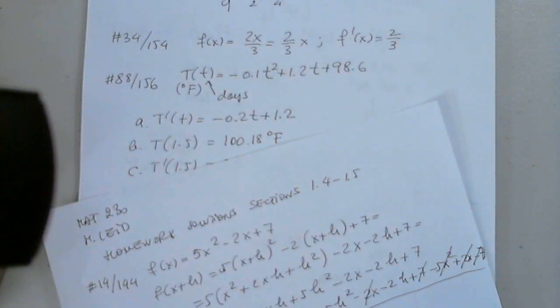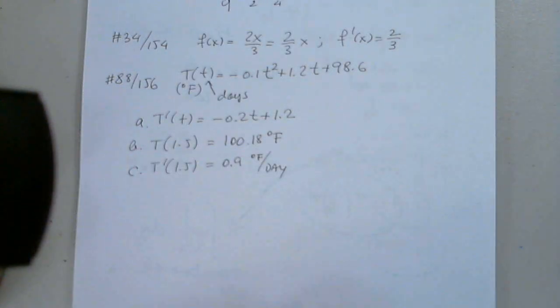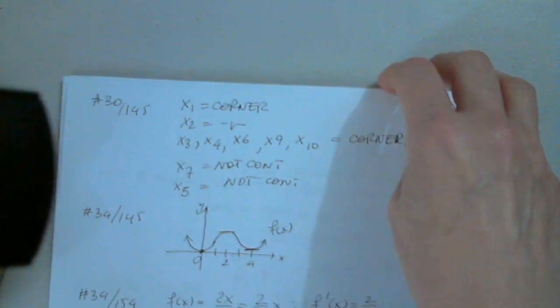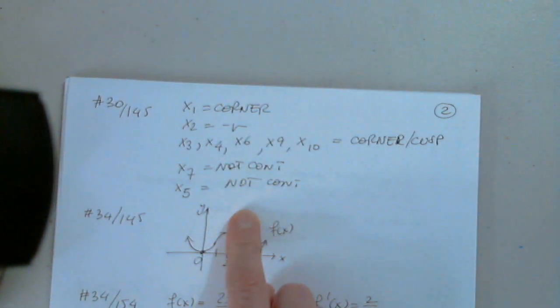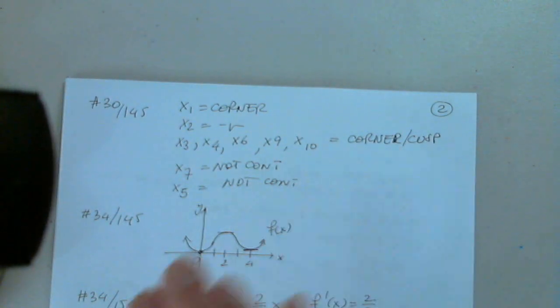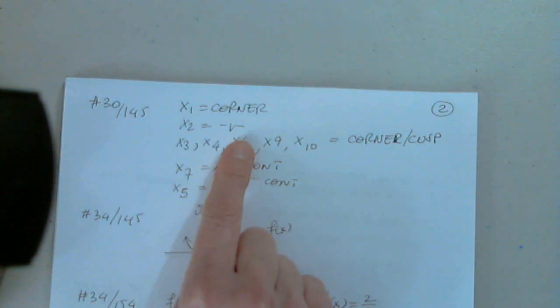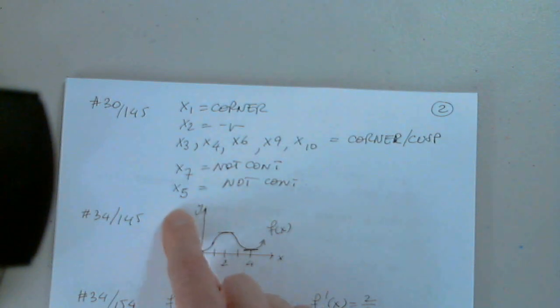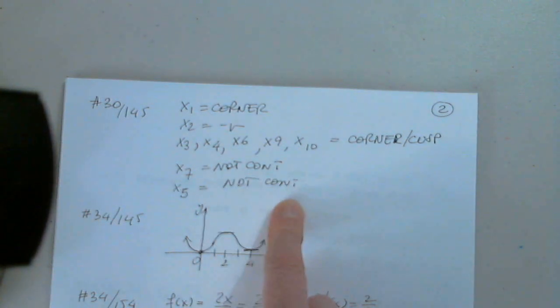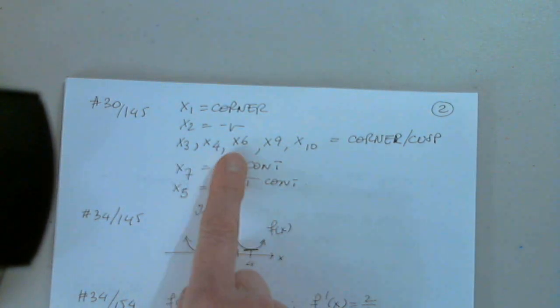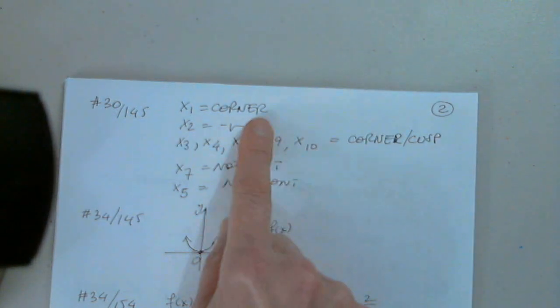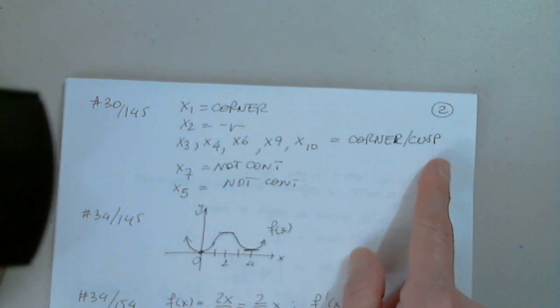Then, here I wanted you to explain, not just say, okay, the function is not differentiable. No, you have to say x1 is a corner, x2 is a corner, x5 and 7 not continuous. 3, 4, 6, 9, and 10, the same thing, either corner or cusp.